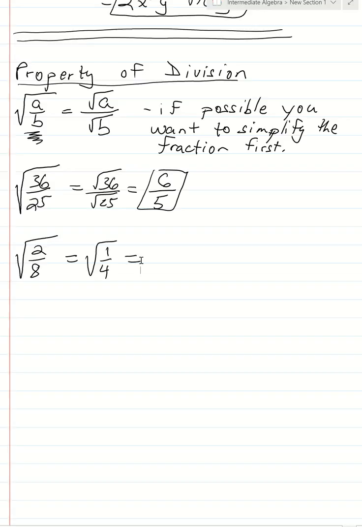So now that we simplified our radical, let's use the property of division. Let's take the square root of the top, 1, as well as the square root of the bottom, the denominator 4. The square root of 1 equals 1, and the square root of 4 is 2. So the square root of 2/8 becomes 1/2.